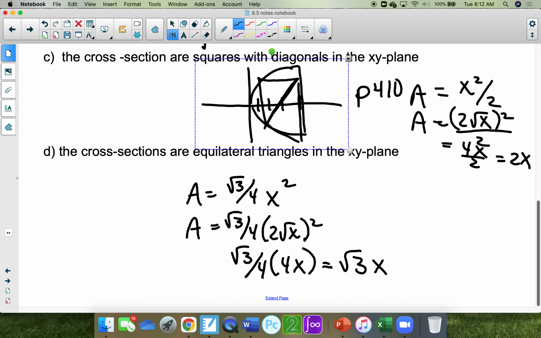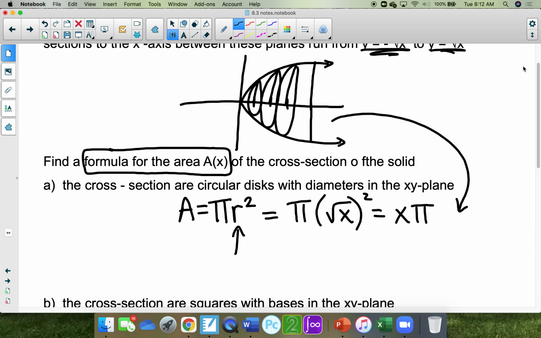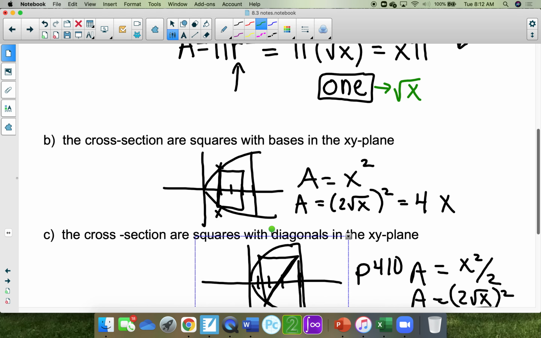So when you're doing circles, you only need one. What do I mean by one? I only mean from here to here. You only need the square root of x. Whenever you're doing this one, you need 2, because you need a positive root x and the negative root x.